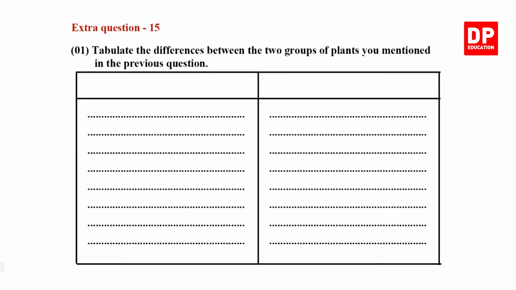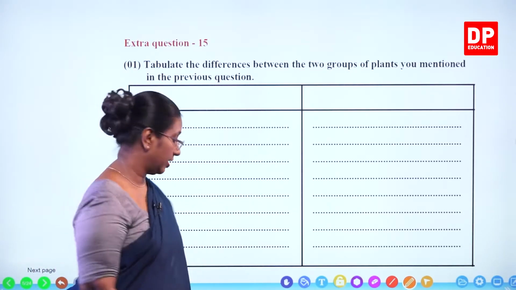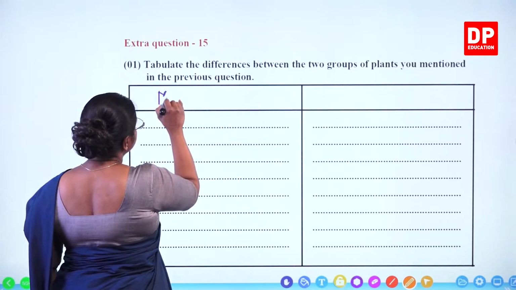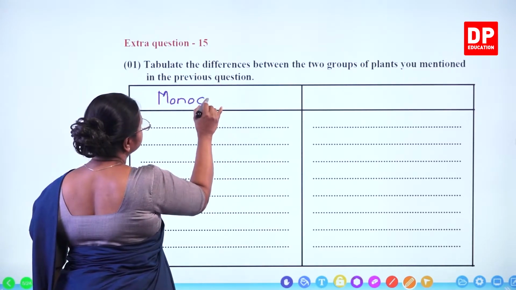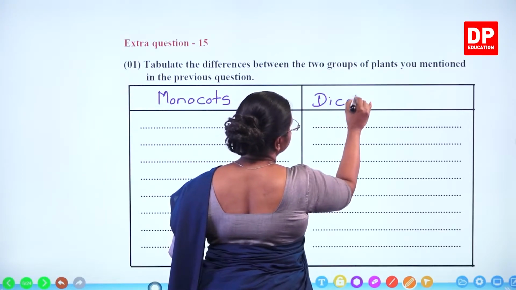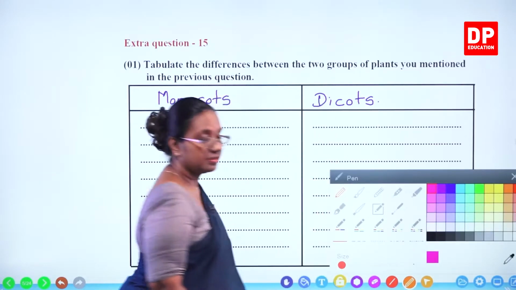I will move on to the next question, extra question 50. Tabulate the differences between the two groups of plants you mentioned in the previous question. What are the two groups of plants? Monocots and dicots. So I will write the headings here. We have the monocots and dicots. What are the differences, students?